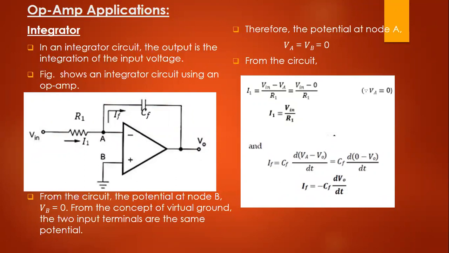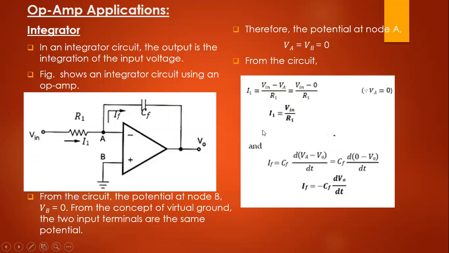Now from the circuit, current I1 is equal to (Vin minus VA) divided by R1. We know that VA is equal to 0, right? So current I1 is equal to Vin by R1.